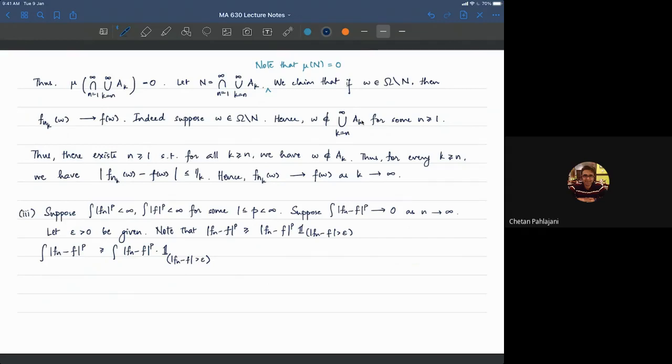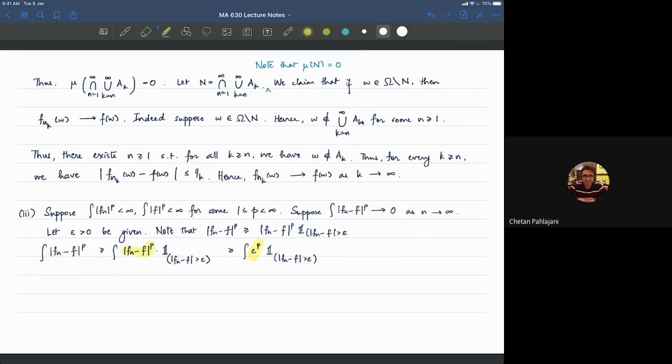Okay, now let's look at this thing. Okay, so this is going to be greater than or equal to the integral of epsilon to the p times the indicator of absolute value of f_n minus f greater than epsilon. Now remember, nobody is saying that absolute value of f_n minus f to the p is always bigger than epsilon to the p. We are not saying that.